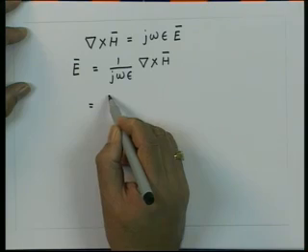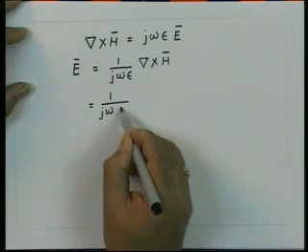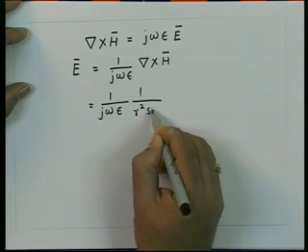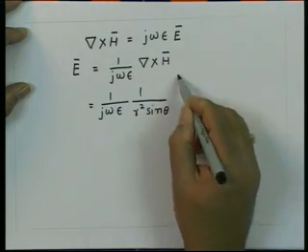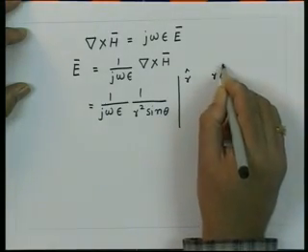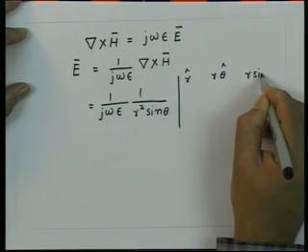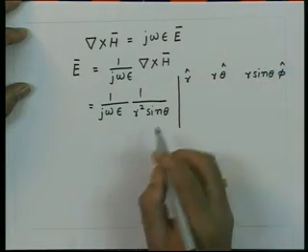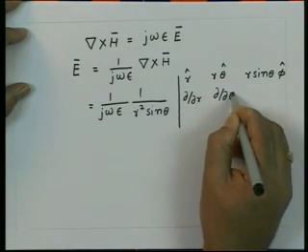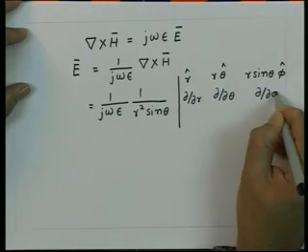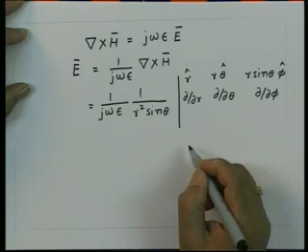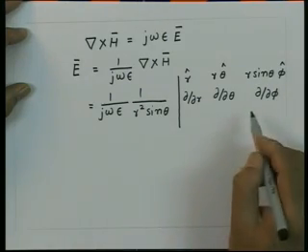So this quantity will be 1 upon j omega epsilon, 1 upon r square sin theta, with unit vectors r, r theta, r sin theta phi, and d by dr, d by d theta, d by d phi. The d by d phi term is 0, because we have seen earlier that there is a symmetry in phi.